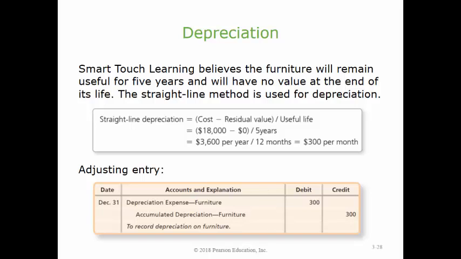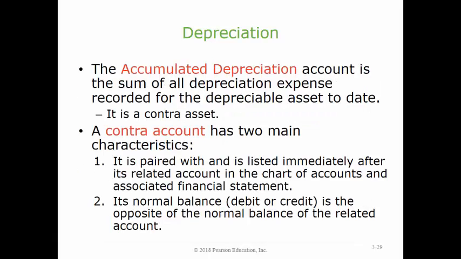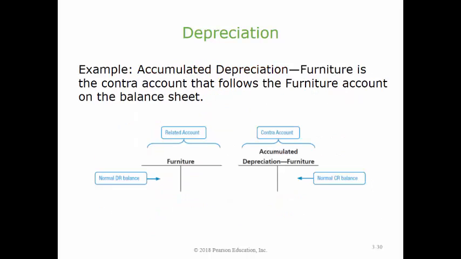At the end of 3 months, the accumulated depreciation furniture account will have a balance of $900, $300 per month, times 3 months. A business may have a separate accumulated depreciation account for each depreciable asset. However, small companies often have only one accumulated depreciation account for all of their depreciable assets.